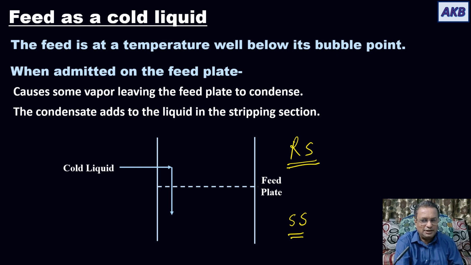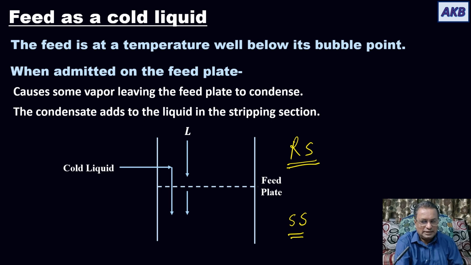Then the liquid, due to reflux, will be coming from the rectifying section to the feed plate, it will be getting added to the liquid feed, and then it will be coming down.